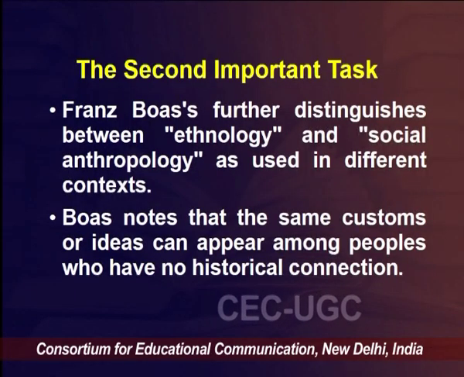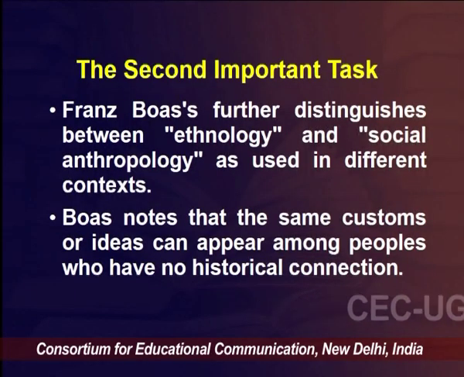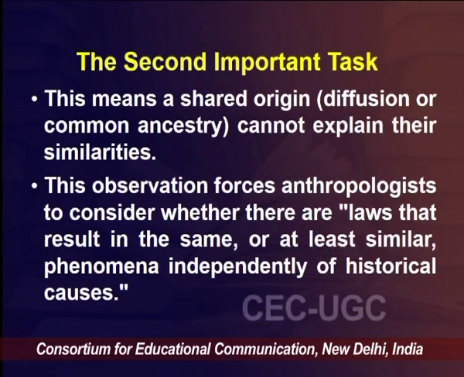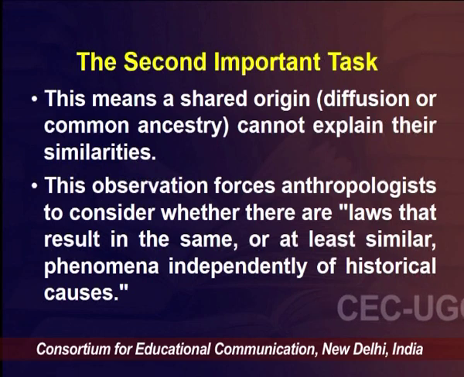Franz Boas further distinguished between ethnology and social anthropology as used in different contexts. Boas notes that the same customs or ideas can appear among people who have no historical connections. This means a shared origin, that is, diffusion or common ancestry, cannot explain their similarities.